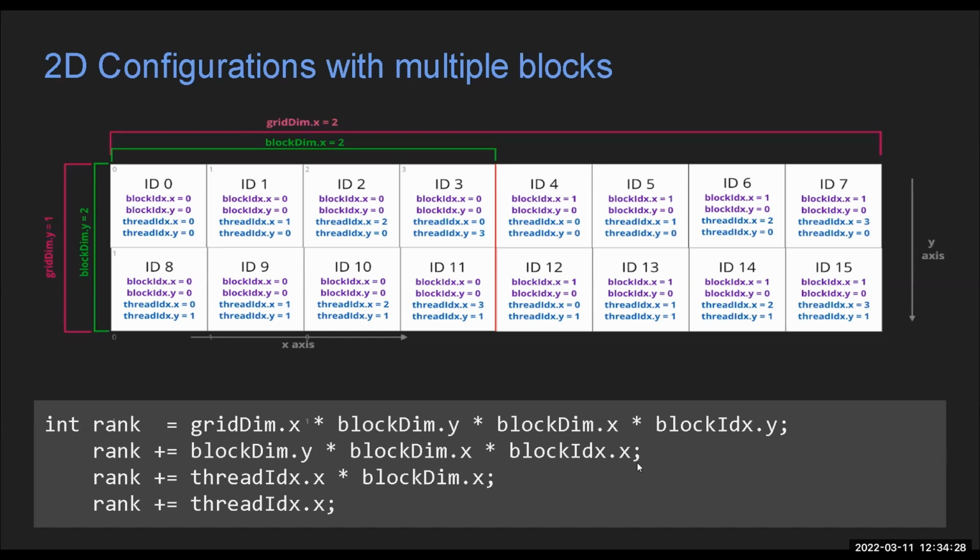And so we can look at the block index in the X direction. So for ID number 15 over there, which we don't know is 15 yet, that's what we're trying to figure out, our block index in the X direction is 1. That means there's at least one whole other entire block of threads that has already been accounted for. So that's 2 in the Y direction and 4 in the X direction. That means 8 threads. So we've got at least 8 threads. That's what we've added here in this step, is 8 threads.